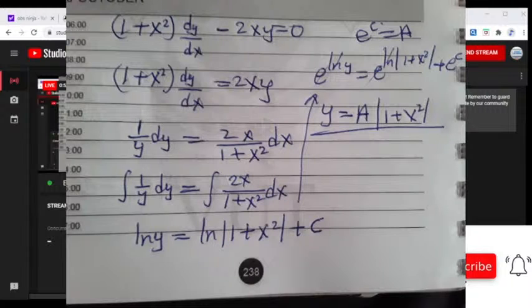Then after separating y to the dy side and x to the dx side, what you have to do is introduce the integral sign.